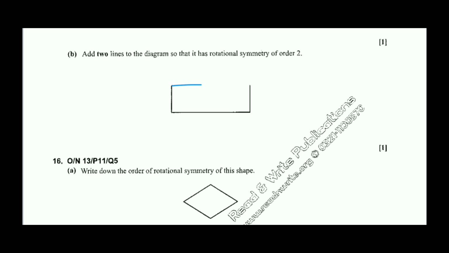So it can be this one, or it can be any shape, like this one and this one, or it can be this one.